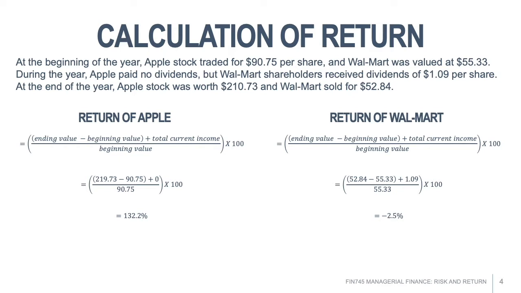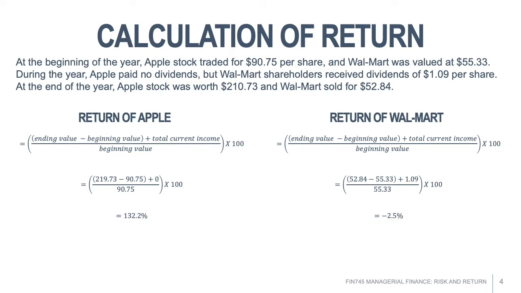So to calculate return on Apple, you put all the figures in the formula. The ending value is 219.73 minus the beginning value 90.75, plus 0 because Apple has no current income, Apple paid no dividend, divided by beginning value which is 90.75, times 100, so you get 132.2%.